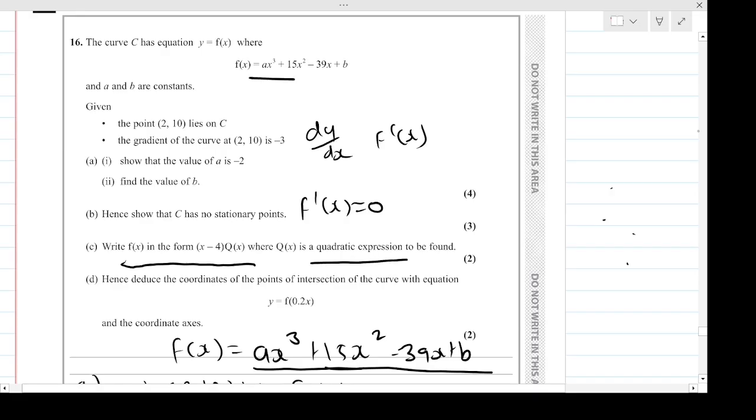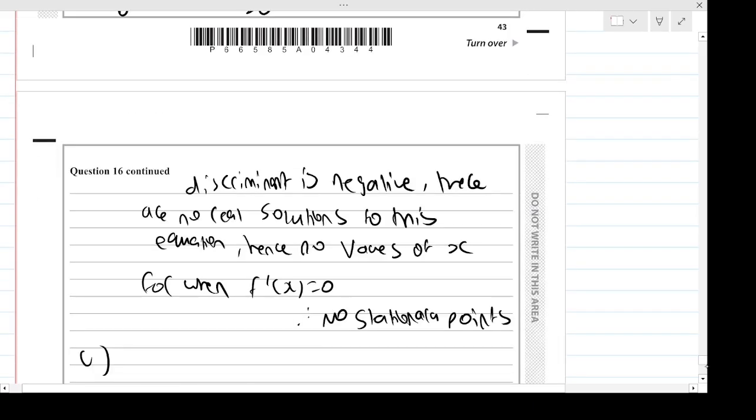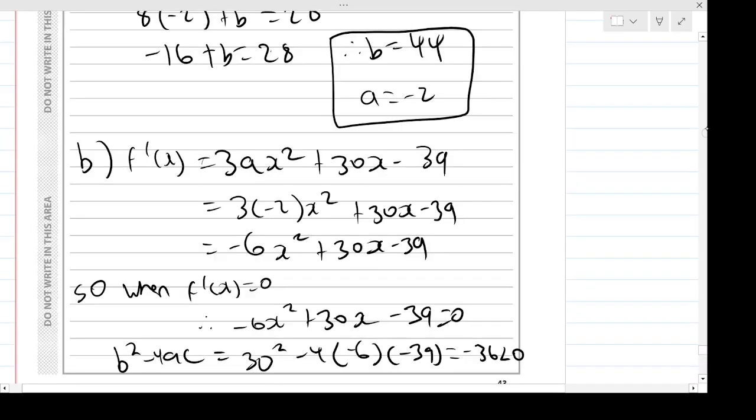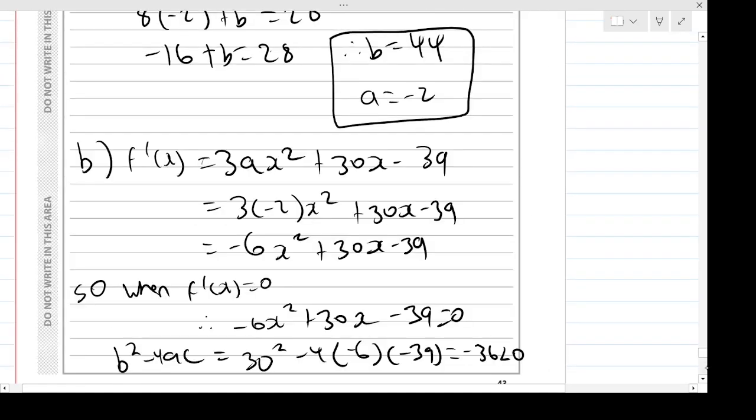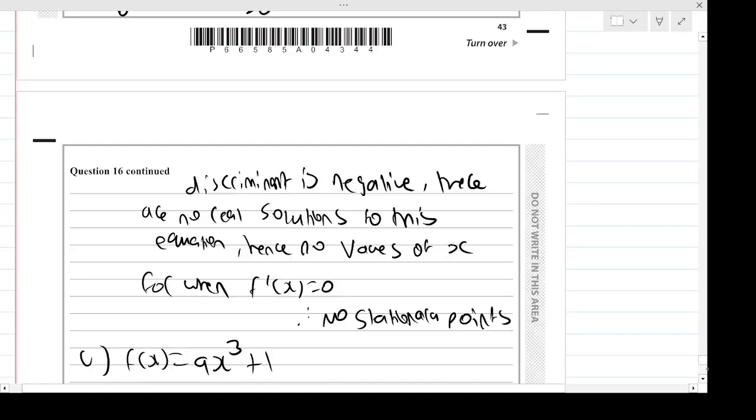So, again, let's do it down here. f of x is ax cubed add 15x squared minus 39x plus b. But of course we know what a and b are.